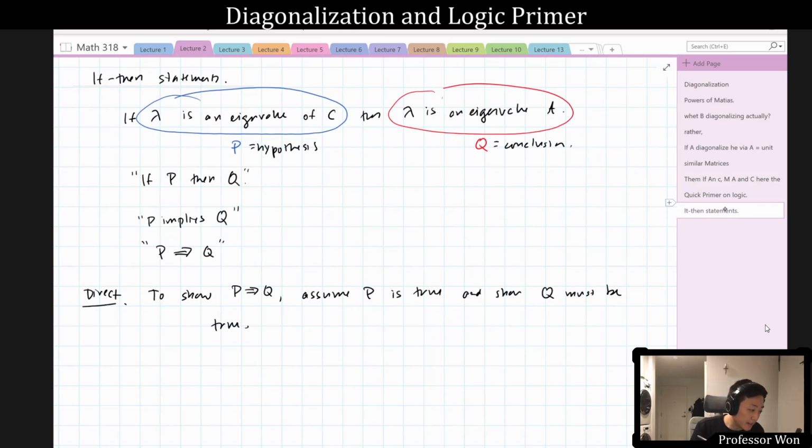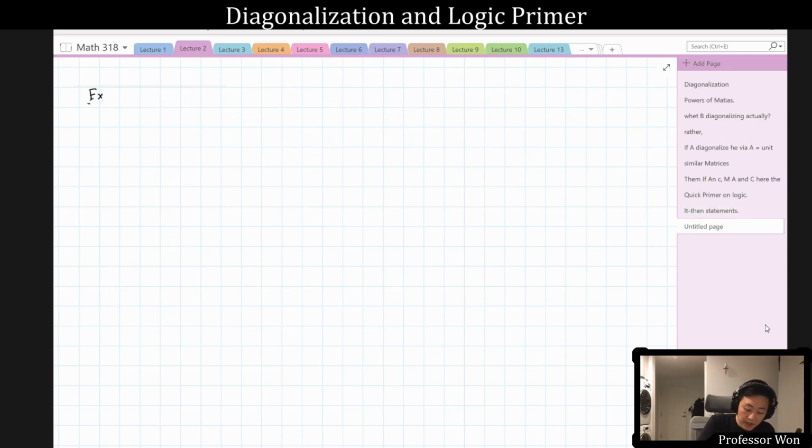There is an example in the notes, which I think I have time for. Let me start on a new page. Fix an m by n matrix A, and let S be the following set: the set of vectors x in R^n such that A squared x equals Ax.